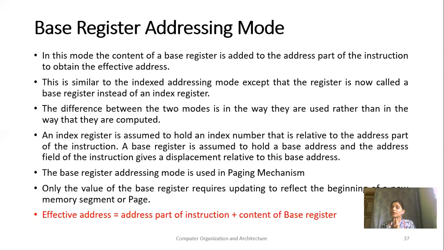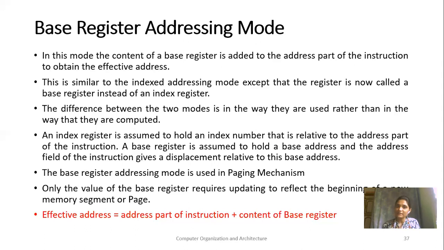So in index addressing mode we fix the address part but change or increment the index register, while in base addressing mode we fix the base register and increment or decrement the address field. Both are the same in computation, but the difference is how you utilize them.